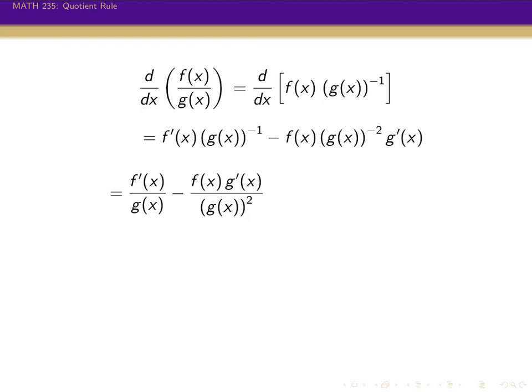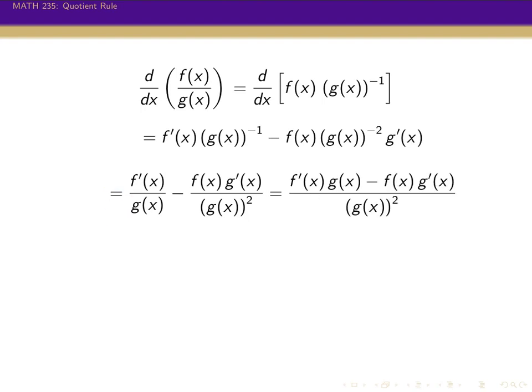And so this is a perfectly fine way of thinking about the quotient rule. But usually, since the denominators are g of x and g of x squared, we actually can combine it into a single fraction by taking the first term and multiplying the top and the bottom by g of x.